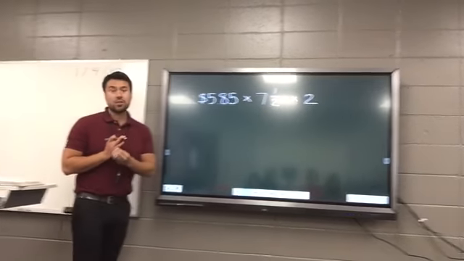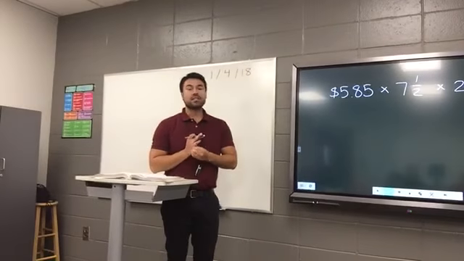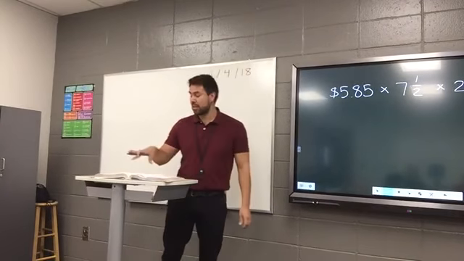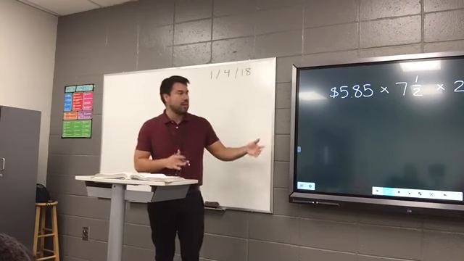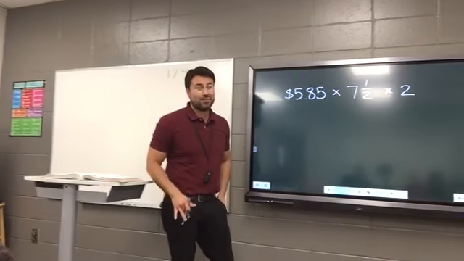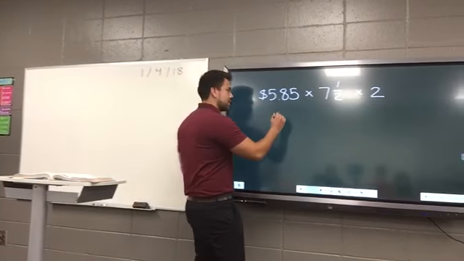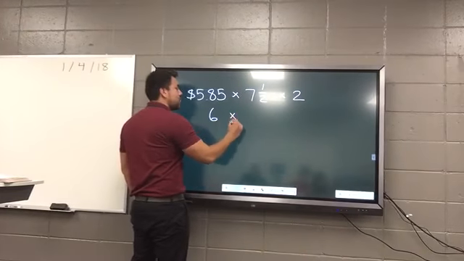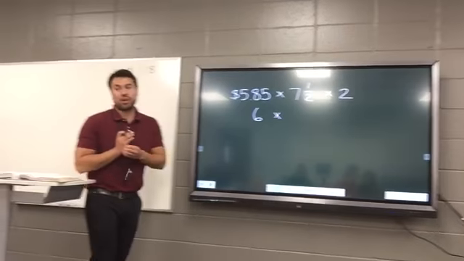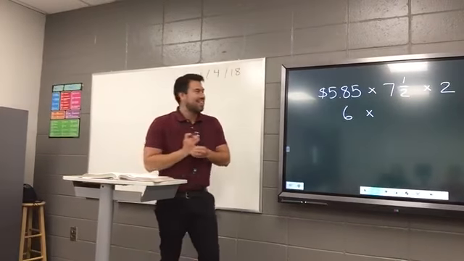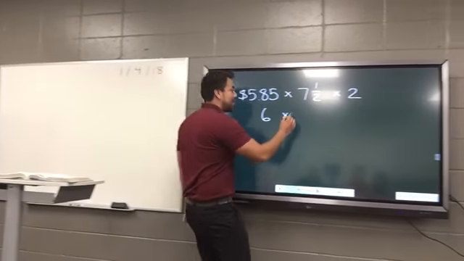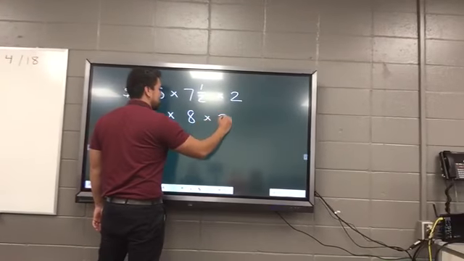They're not asking you to work this one out, they're asking you to estimate. The way the book did it, I'm going to do differently. What should 5.85 round to? I would say $6. And what should 7.5 round to? 8. And then 2 stays 2.